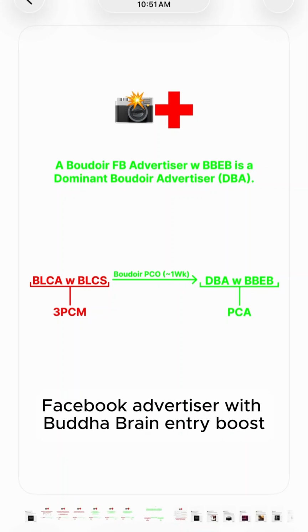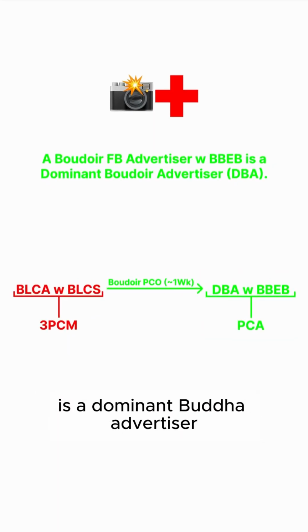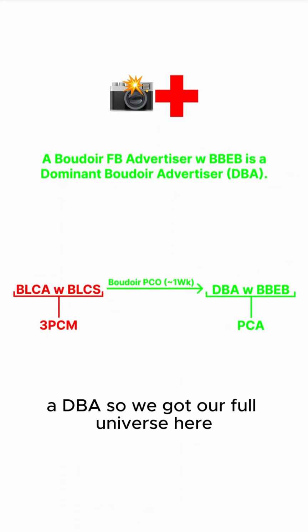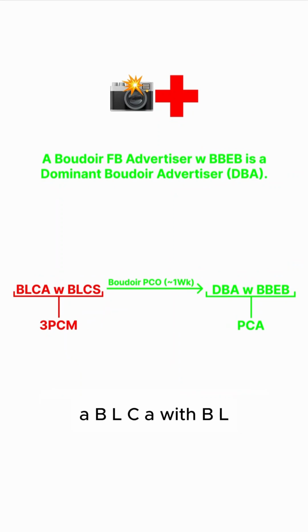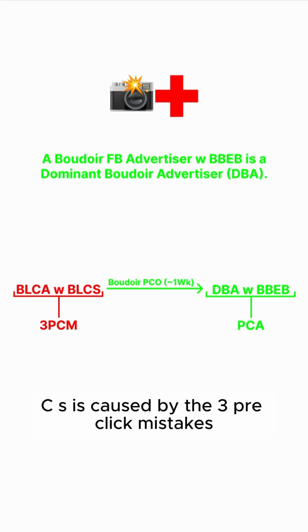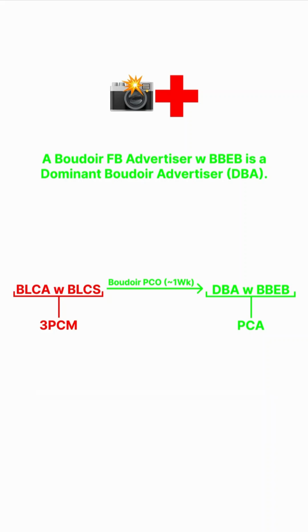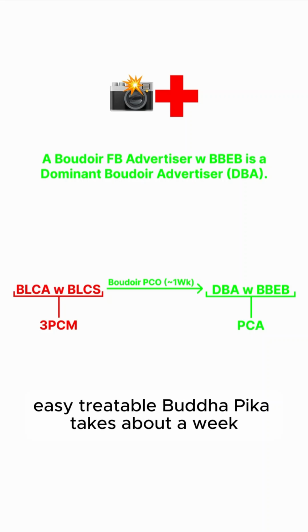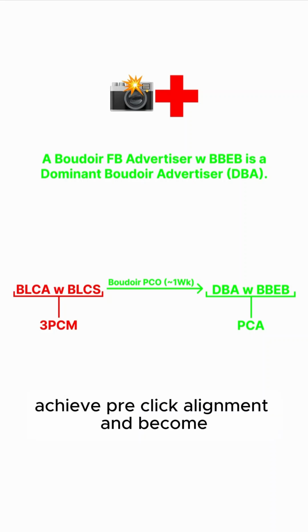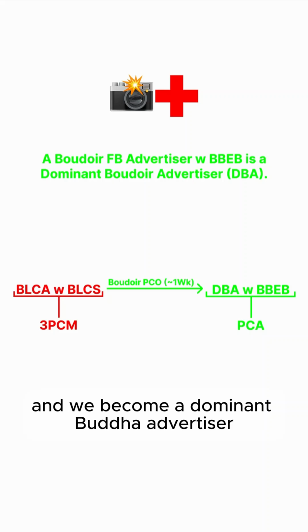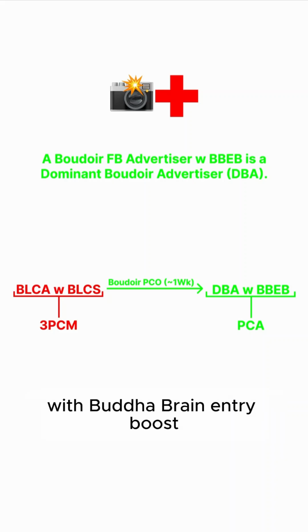And a Boudoir Facebook advertiser with Boudoir brain entry boost is a dominant Boudoir advertiser, a DBA. So we've got our full universe here. A BLCA with BLCS is caused by the 3 pre-click mistakes. It's easy, treated with Boudoir PICO, takes about a week. Achieve pre-click alignment and we become a dominant Boudoir advertiser with Boudoir brain entry boost.